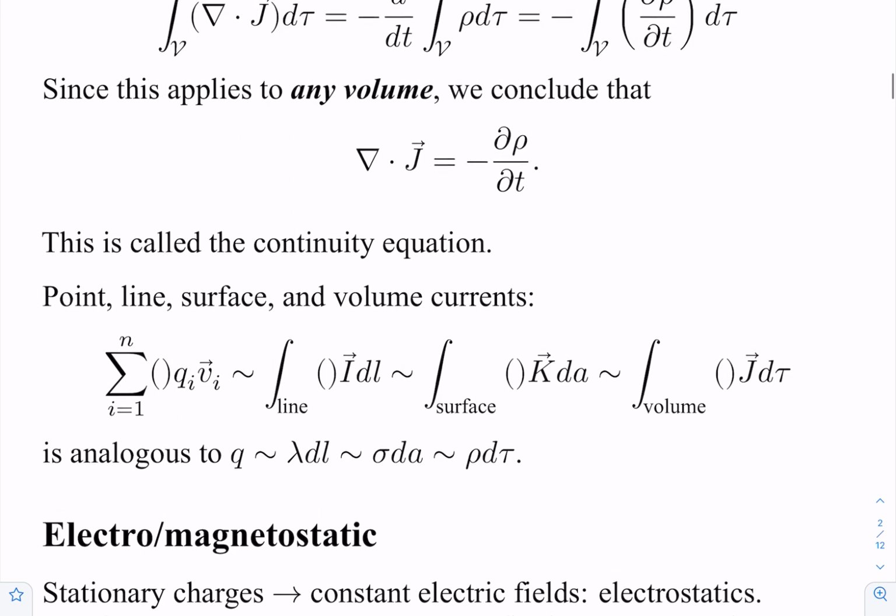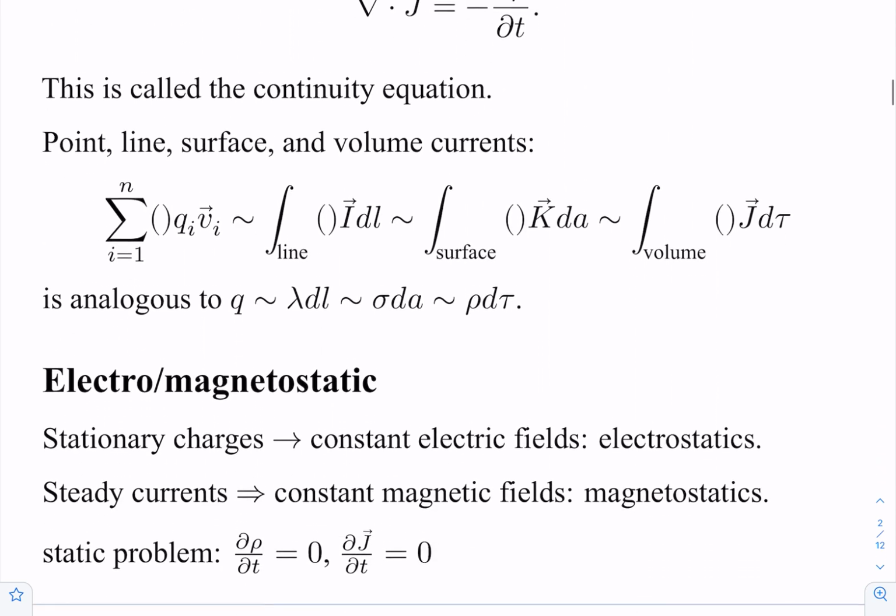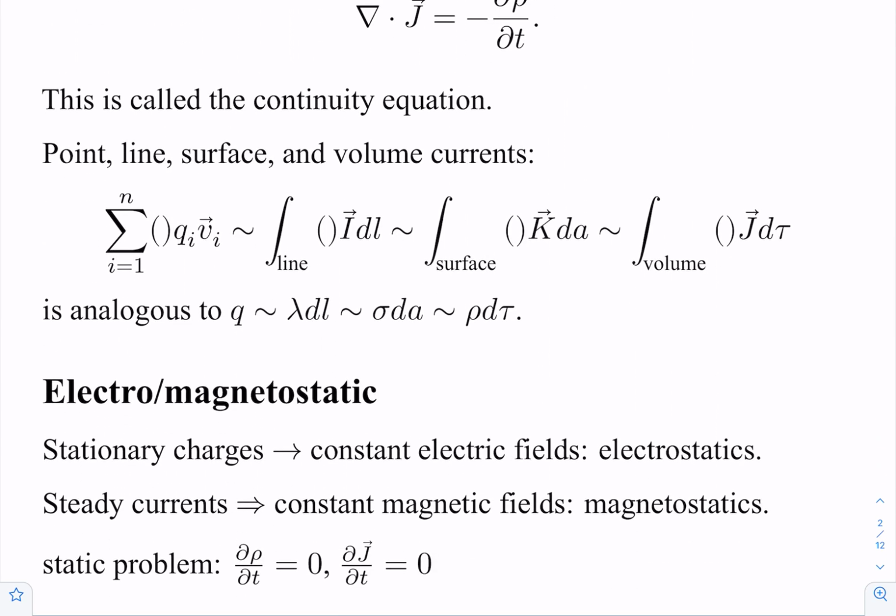So in the last lecture, we also discussed the relationship between the point charge, point current, line current, surface current, and volume current.